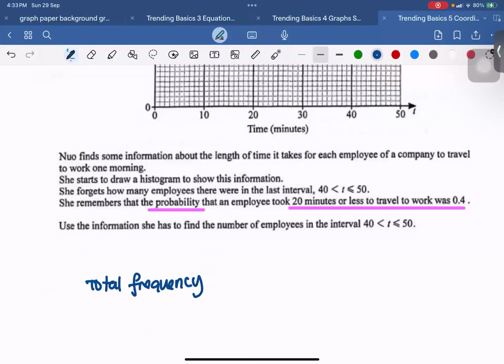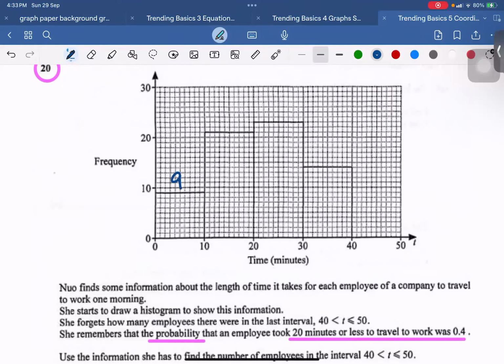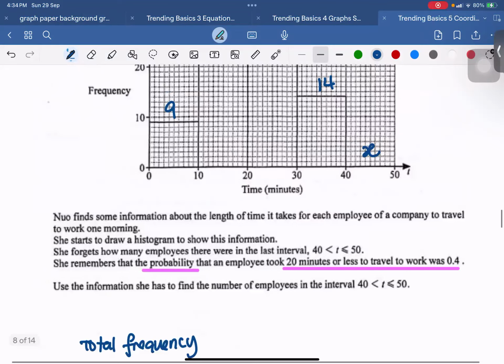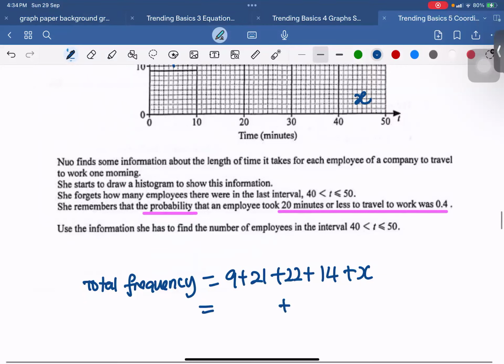I do not know the last frequency, never mind, I let it be X. So this one over here is 9, this is 21, this is 22, this one is 14, and this one is unknown, I call it X. So my total frequency is 9 plus 21, 22, 14, X. Add together, X is on its own, some number plus X, plus 14. I got 66.